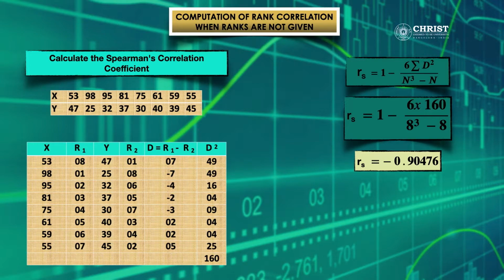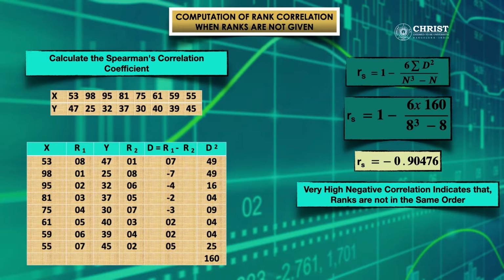This is a very high negative correlation that indicates that ranks are not in the same order. Here also you have to remember that you must write the interpretation while writing the answer. That's very important.